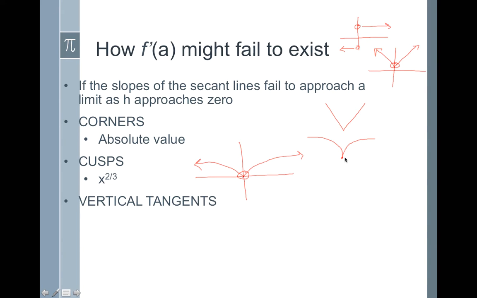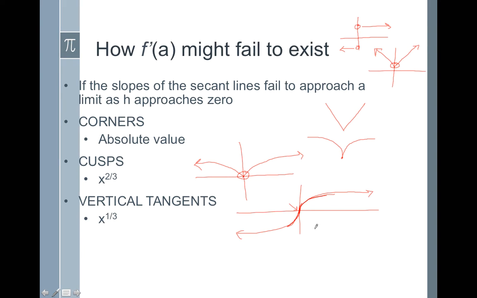We also have problems with vertical tangents. The graph of x to the 1/3, or the cube root of x, is actually kind of deceiving. It looks like there should always be a derivative. It looks like there should be a slope at every single one of these points. However, right here, this goes from being very, very positive to going less positive in the other direction as a slope. Right here is actually a vertical tangent.